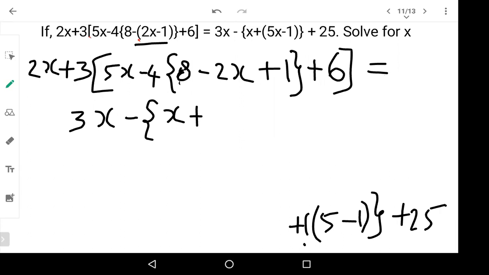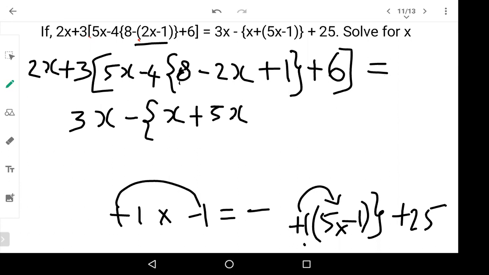So plus 1 into 5x minus 1. Plus 1 into 5x is nothing but plus 5x, and then plus 1 into minus 1, plus into minus is minus, so you will get minus 1.